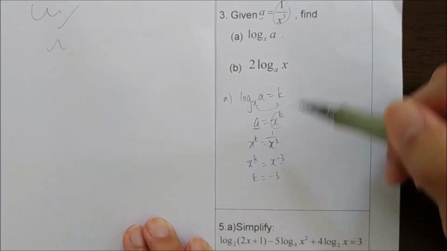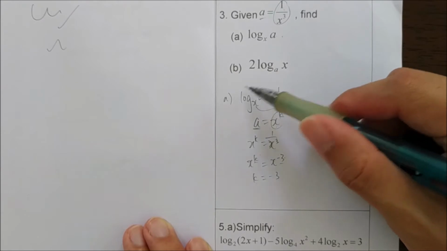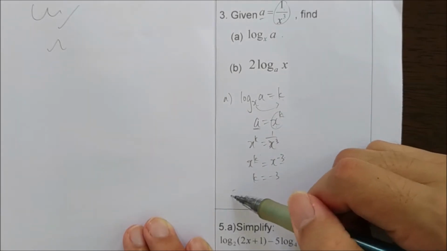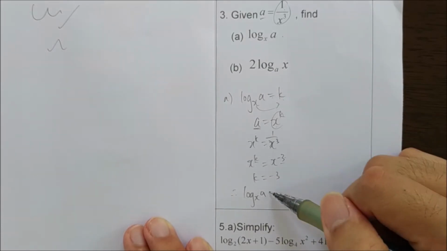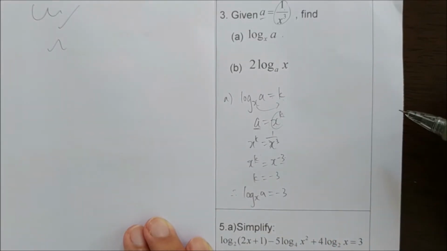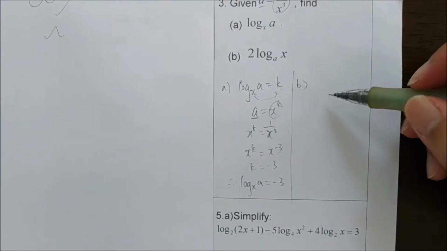So since we now know the value of k, base x log of a equals negative 3. Question B, we can use the same method.